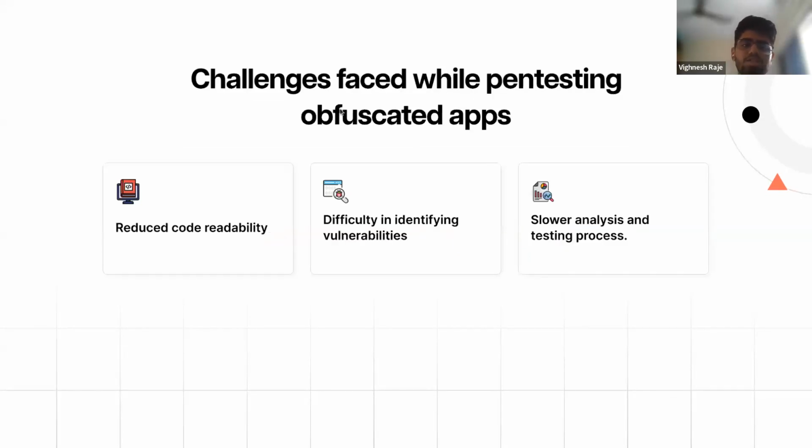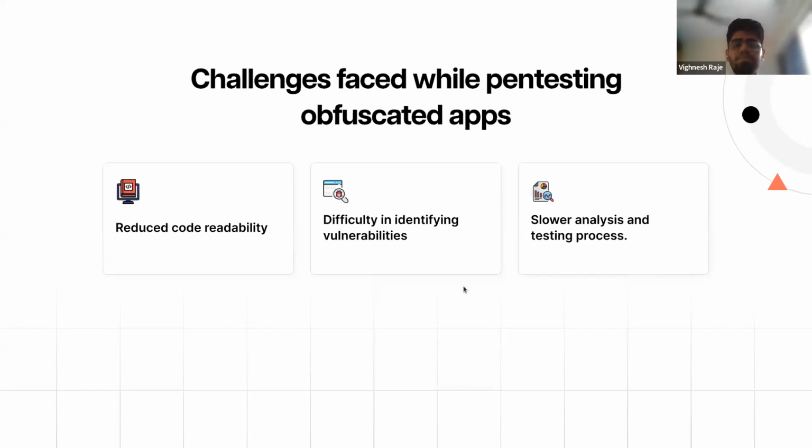So as you could see, while dealing with obfuscated apps from a pen testing perspective, there are a few challenges that one will usually face, which is reduced code readability. As we saw in previous examples, by looking at the code, it becomes very difficult to understand what the application is doing exactly.